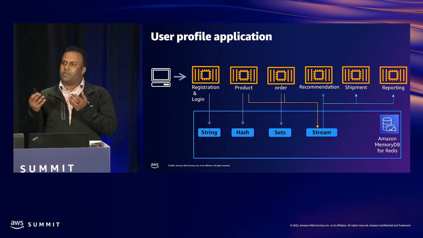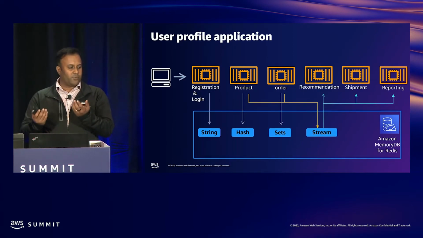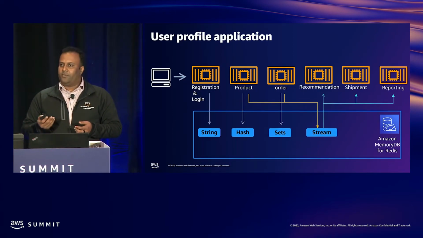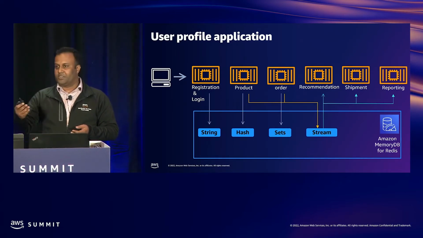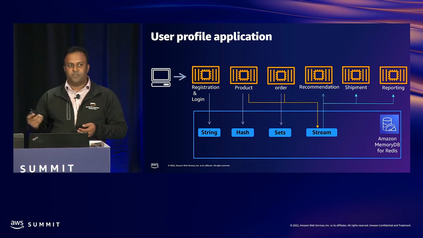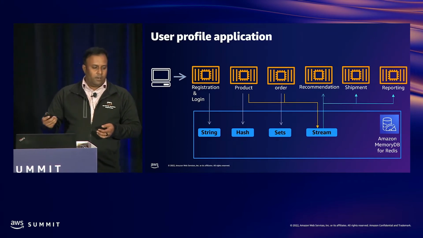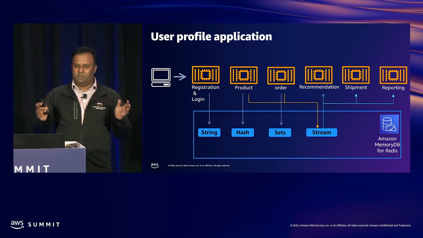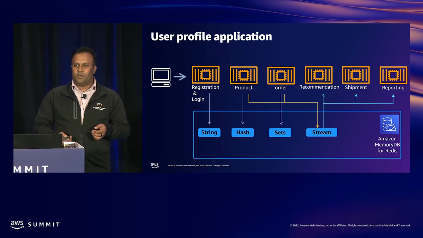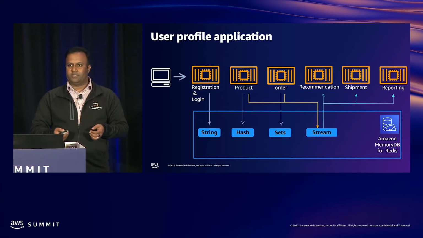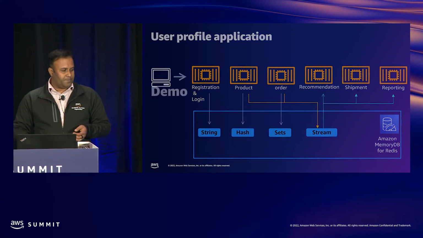And then we do some real-time transformation of that data. And then we fetch that data out into a recommendation service or a shipment service or a reporting service. All of this is going to be done at extreme blazing fast speeds, single-digit millisecond for the writes and hundreds of microseconds for reads.